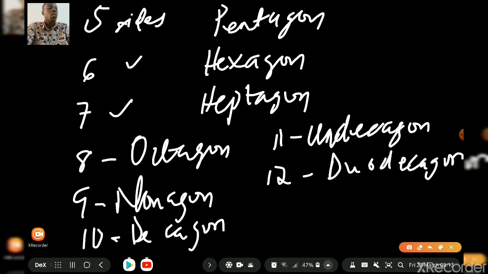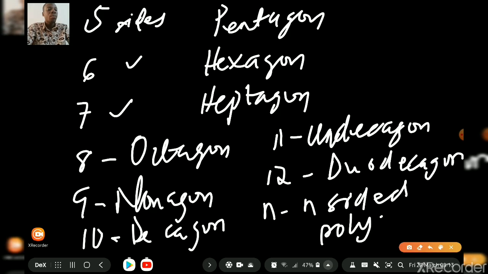We are going to end at 12. If we don't know the number of sides, we are going to call it an n-sided polygon.